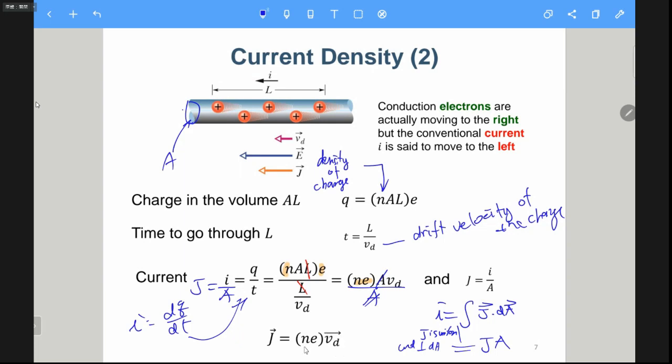N is the density of the charge, you can really change it. And E is the elementary charge, which is of course a constant. So we have the current density proportional to the drift velocity of the charge.